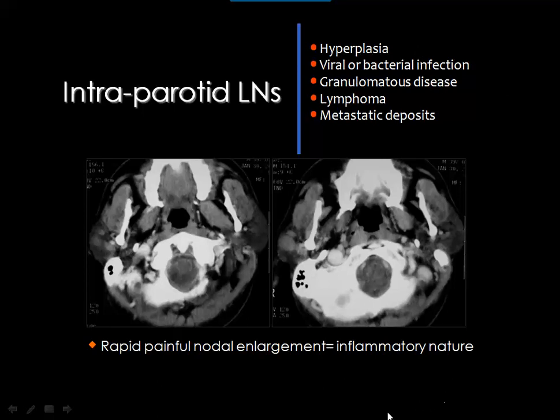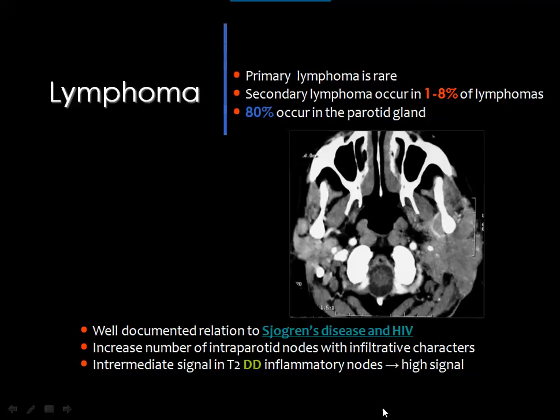These are the most common lymph node pathologies seen in clinical practice. Lymphoma is rare in the salivary glands, but secondary lymphoma occurs in about 1 to 8% of the cases with lymphoma, and 80% of these will affect the parotid region.